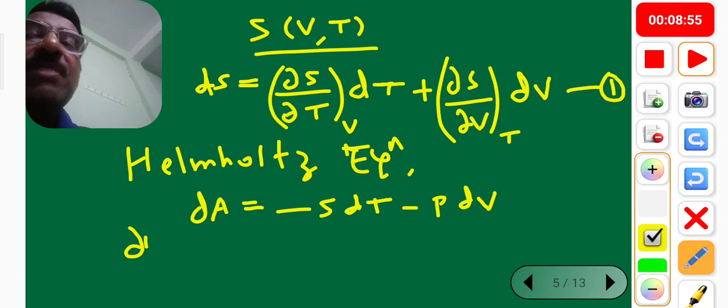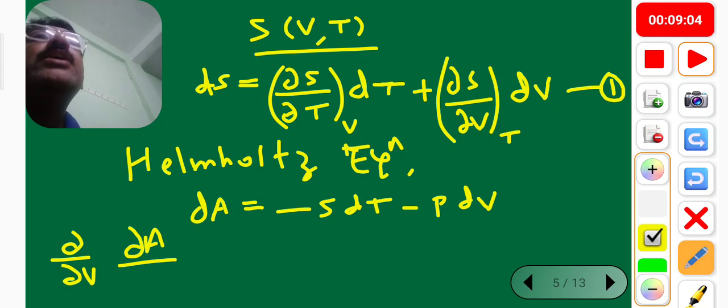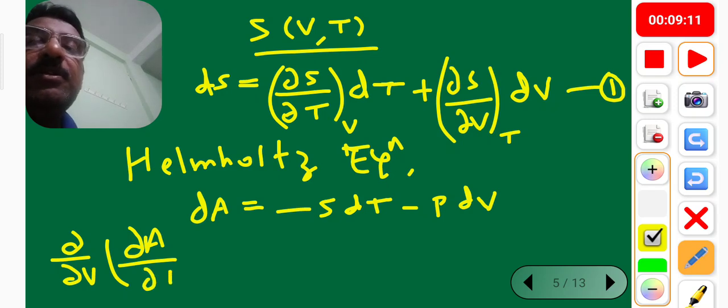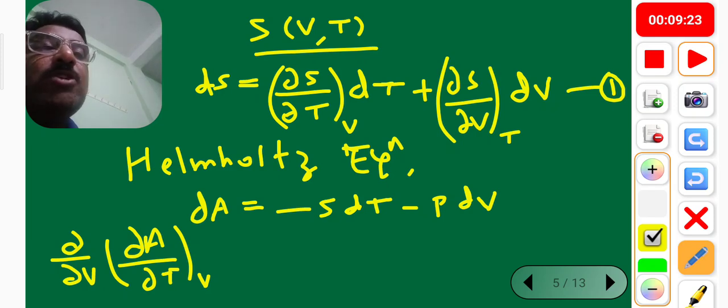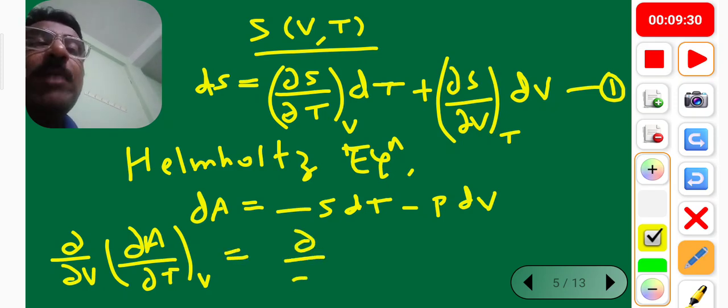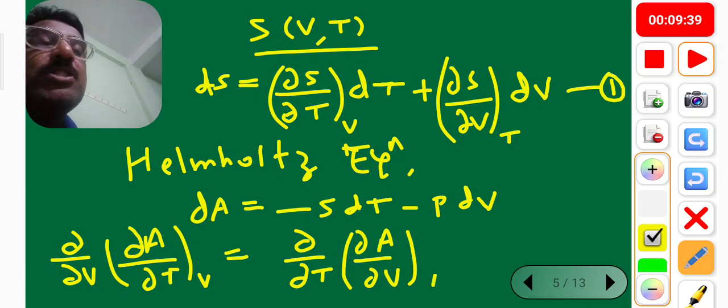Here you can see that if you differentiate dou by dou V of dou A by dou T at constant volume, that should be equal to dou by dou T of dou A by dou V at constant temperature.